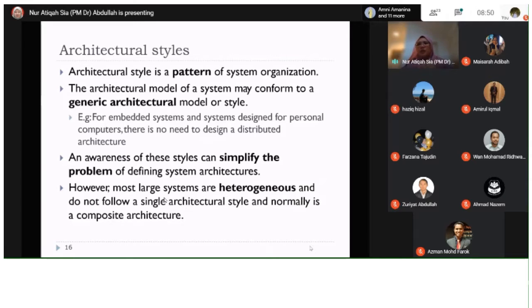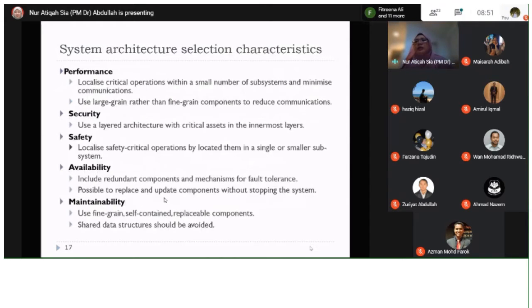It's a combination of client server with the repository architecture. So you might need to think about using more than one architecture, which we will cover in these topics.